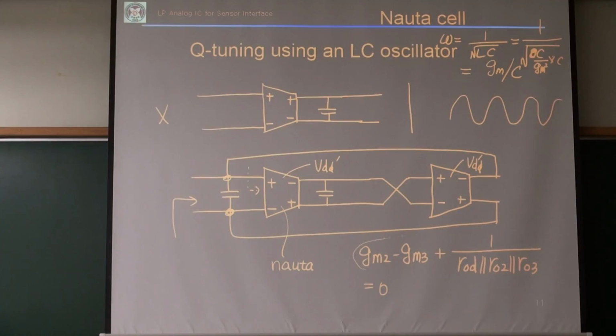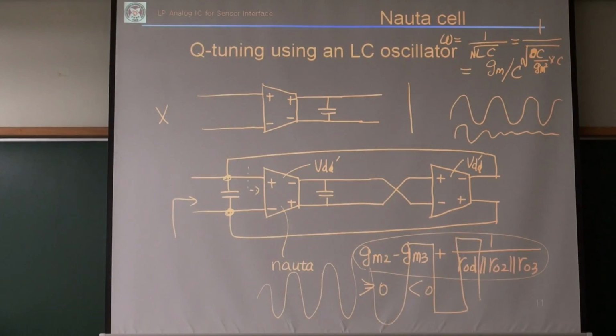If this thing becomes positive, then oscillation will die out, right? If this thing is negative, oscillation will grow with time, and then it will saturate somewhere, at the supply voltage.